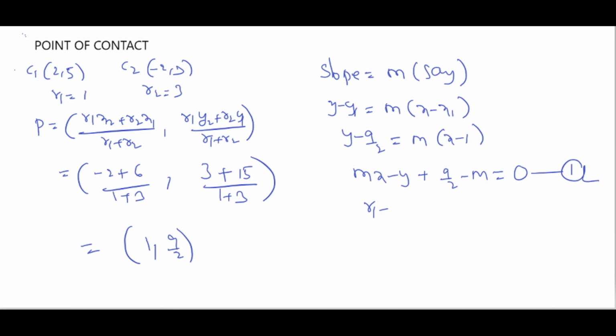Now we take R1 = d. The R1 value is 1, and d, the distance from the center to the given line, is |m(2) − 5 + 9/2 − m| / √(m² + 1). We cross multiply and get √(m² + 1) = |2m − 10 + 9|/2, that is equal to |2m − 1|/2.